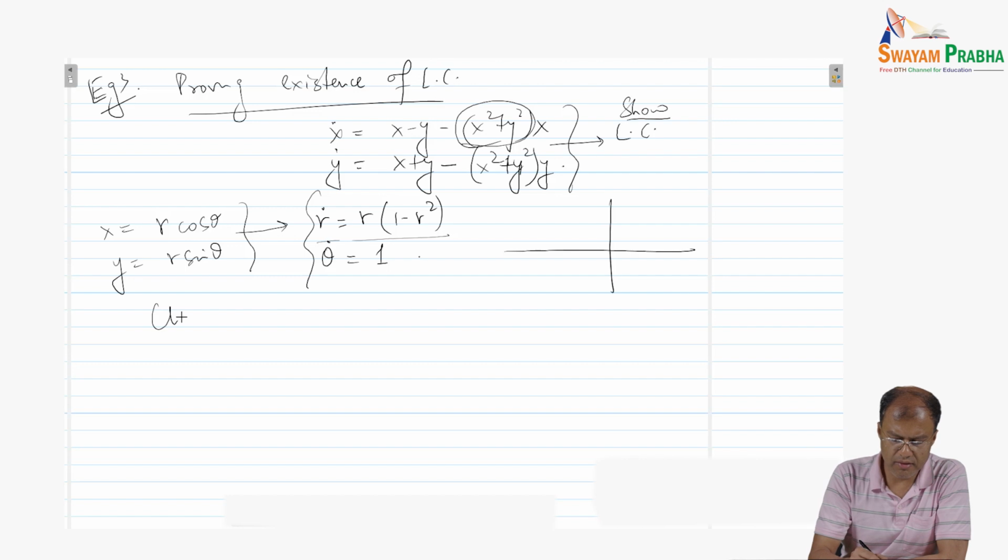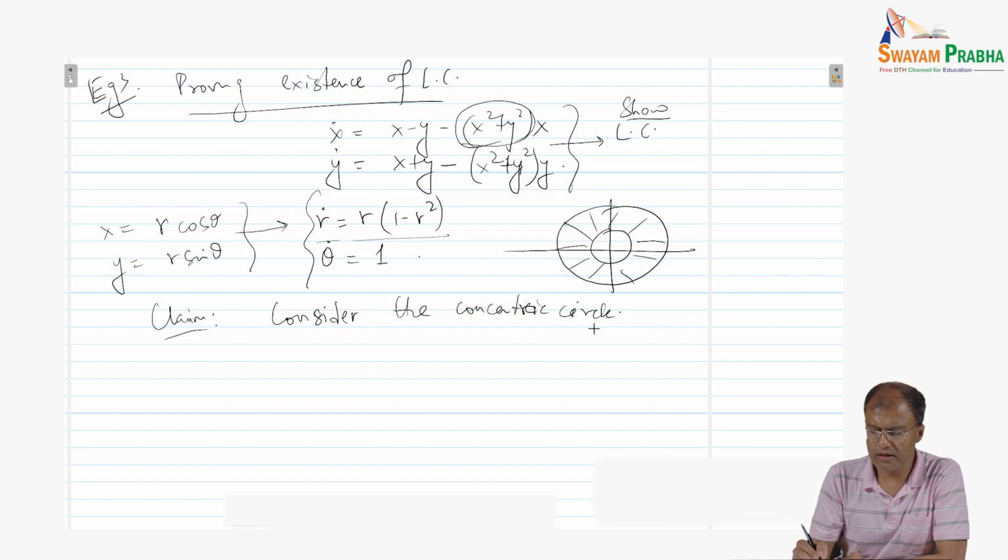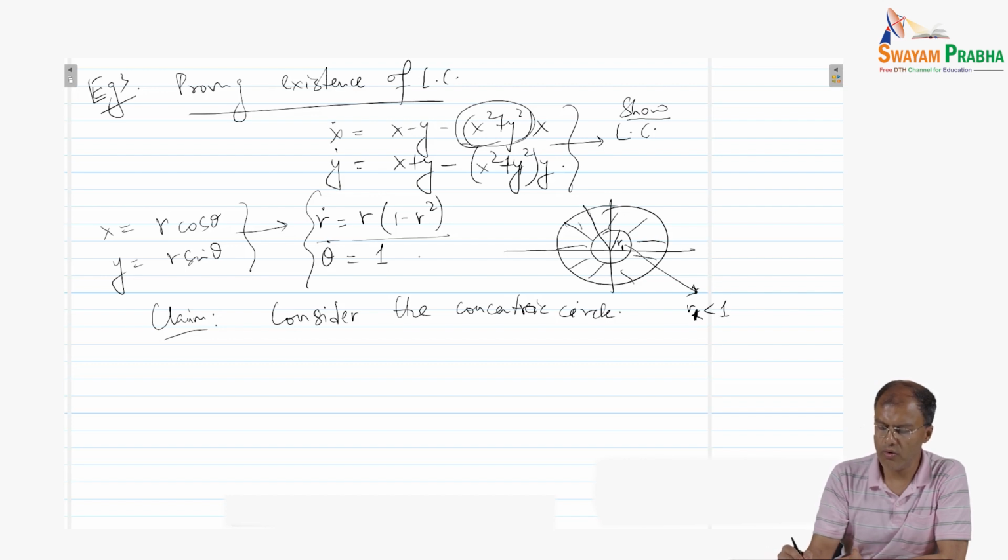So my claim is, consider the concentric circular region, where the radius of the inside circle is r1, and r1 is less than 1, and r2 is greater than 1.